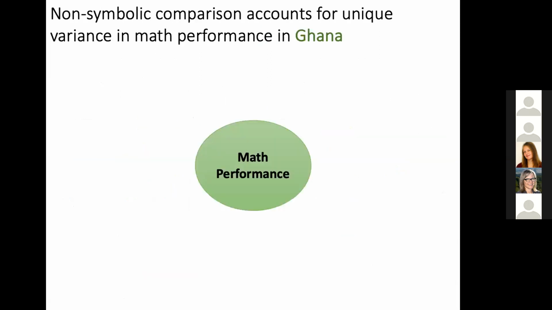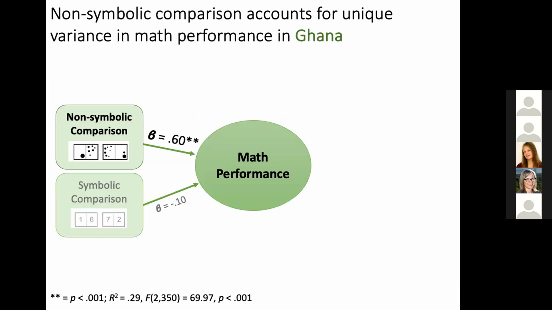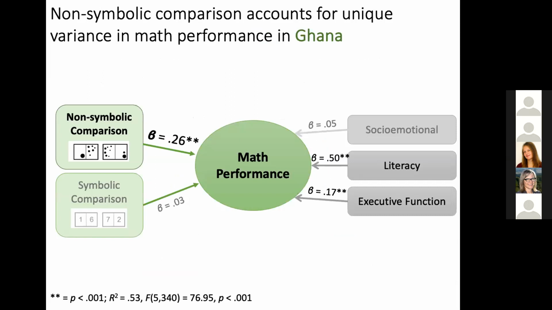So to test the unique associations between symbolic and non-symbolic comparison, we conducted a multiple regression analysis. And what we found was that the non-symbolic condition accounted for significant unique variance, while the symbolic comparison did not. And this association remained when we controlled for socio-emotional, literacy, and executive functioning skills.